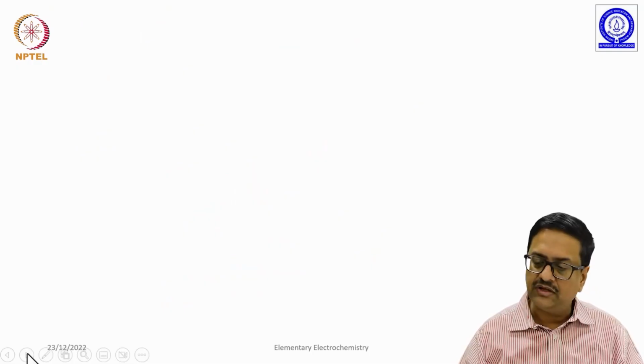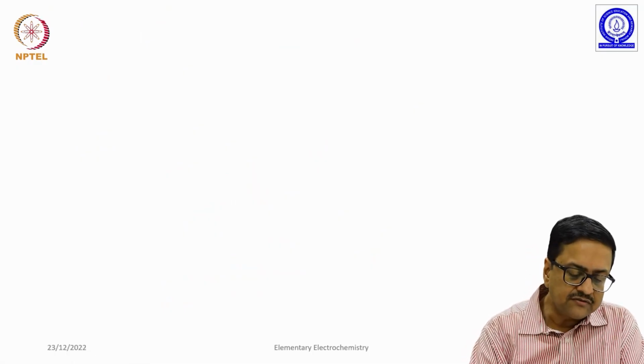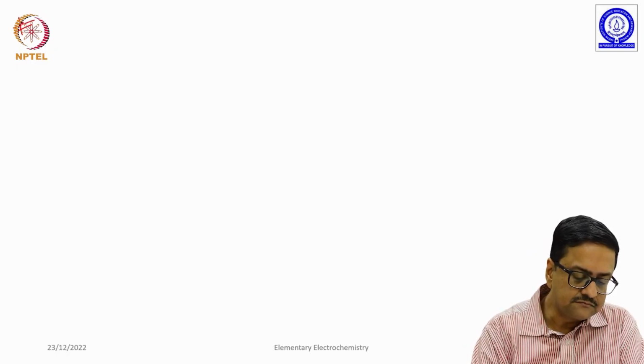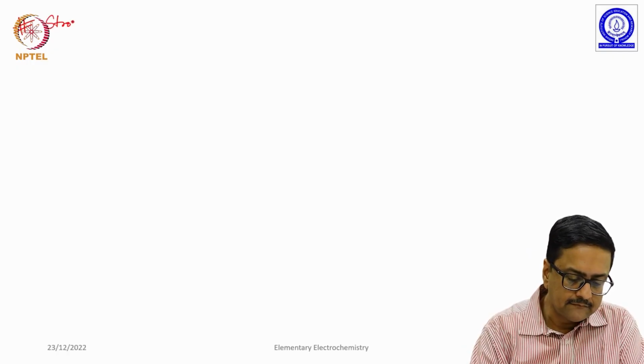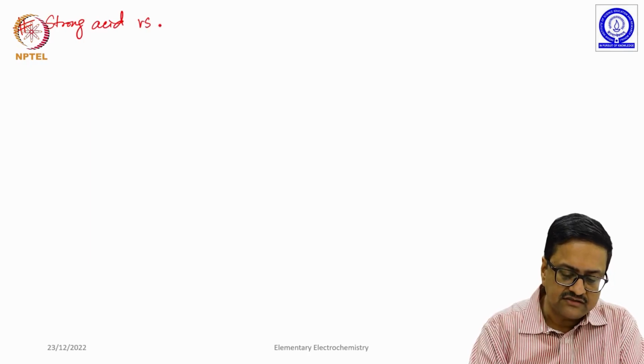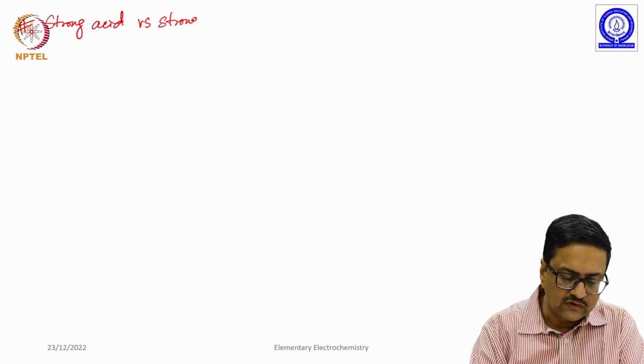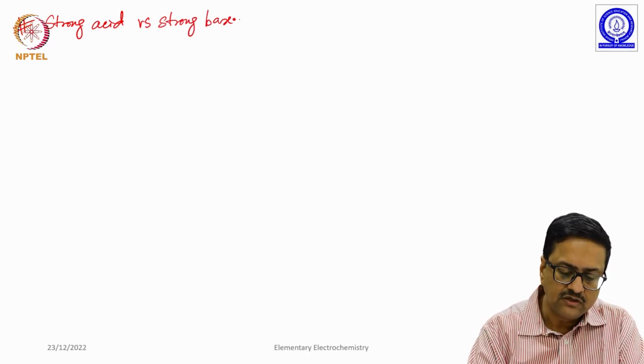So, this acid base titration can be of different types. Strong acid versus strong base. Here I will take the example of HCl versus NaOH.